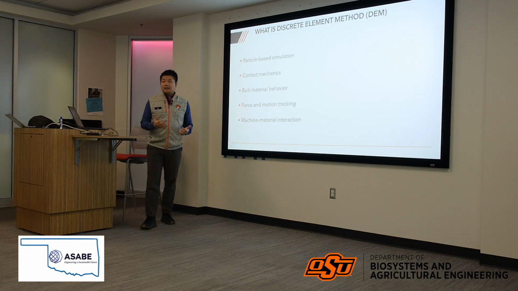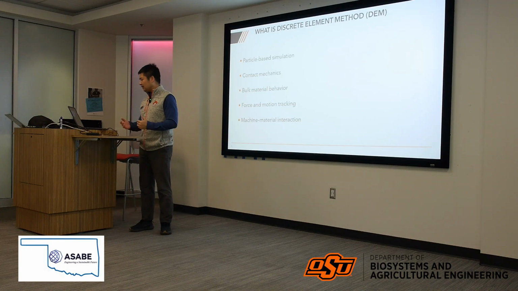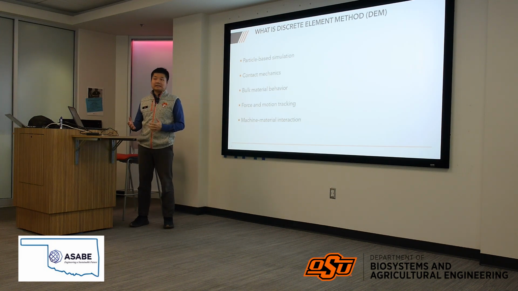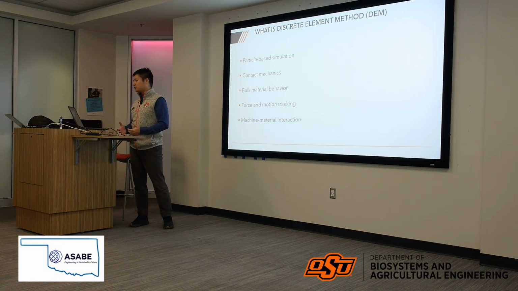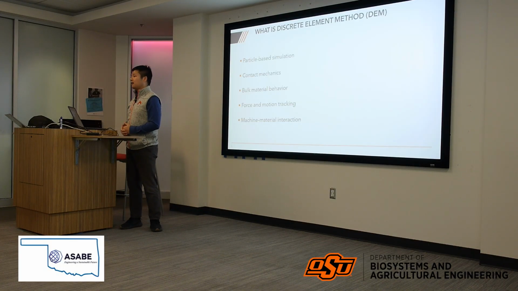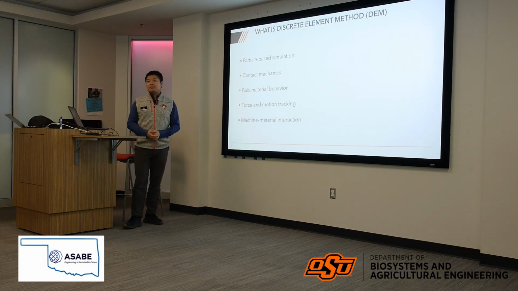All right, so next, what is DEM, discrete element method? It's a computer-based simulation method that we use to simulate and analyze the interaction between individual particles with different boundary conditions and different surfaces. So a couple of keywords to describe DEM: it is a particle-based simulation.